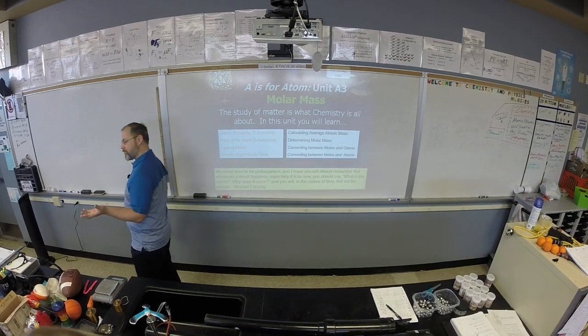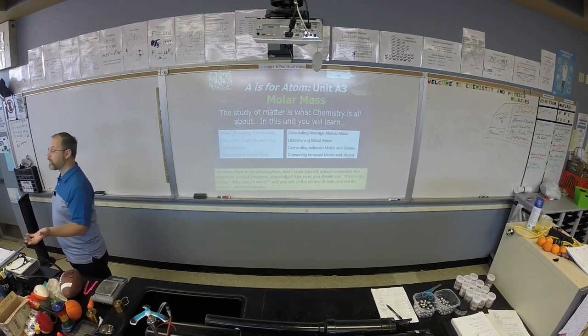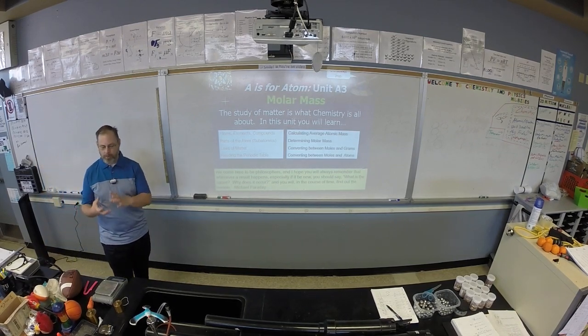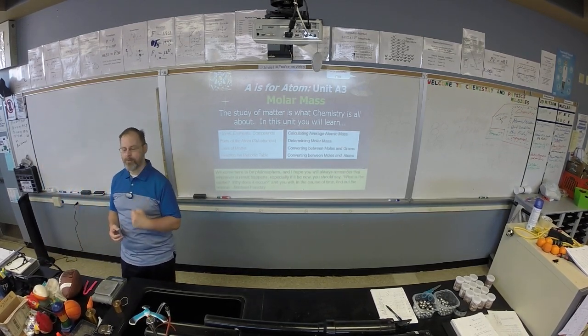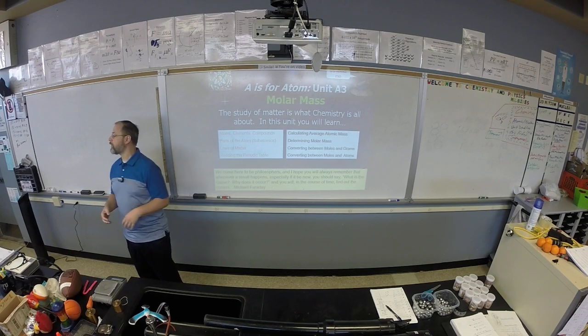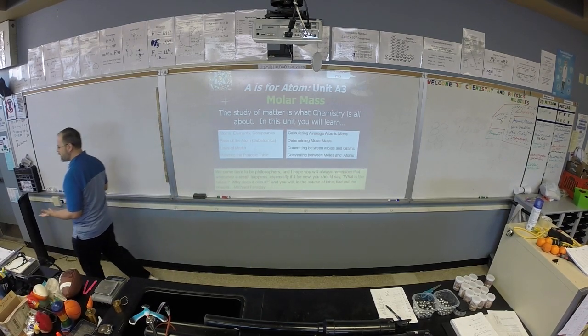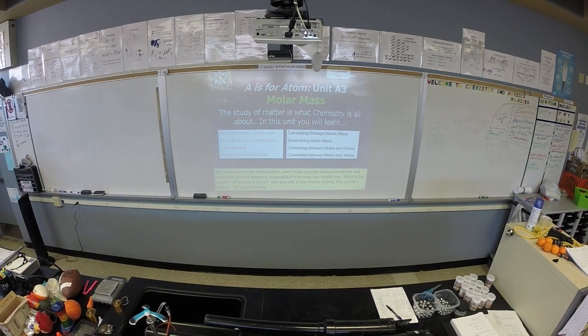If I was to hand you a block of silver, or you go out into the mountains and you dig up a block of pure silver, you're like, yes, I'm rich. Cool. Okay, so let's say you had a few billion atoms of silver. A couple of those billion would be silver 105. Silver's average mass is 107.8.